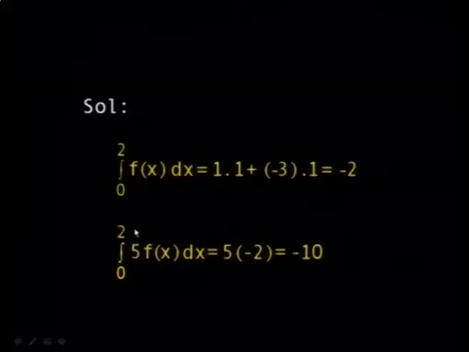Since your function was beneath the x-axis in the part from 1 to 2, it was negative, and therefore the sum would be negative. So the original integral is equal to -2. If you want to calculate the integral of 5 times the function, you must just multiply the constant, which is 5, times -2, to obtain -10.